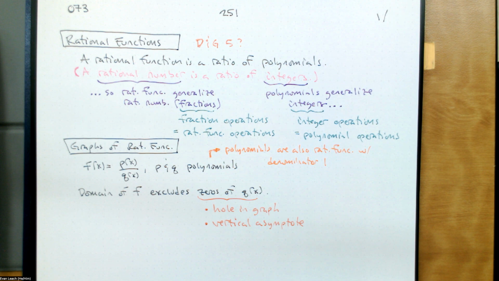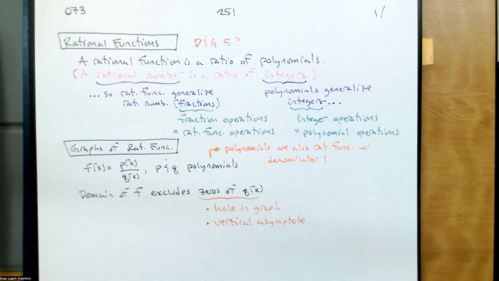Anything that's excluded from the domain will give us a hole in the graph or a vertical asymptote.